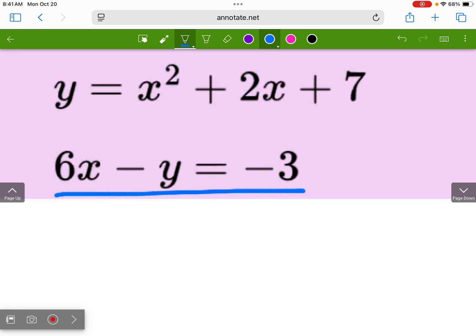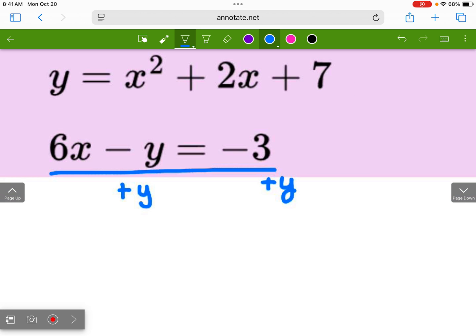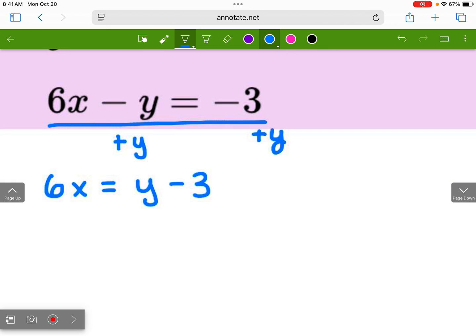So what I'm going to do for that is add y to both sides of this equation so that I have my 6x equals y minus 3. And then since I want that y by itself, I'm going to add 3 to both sides.